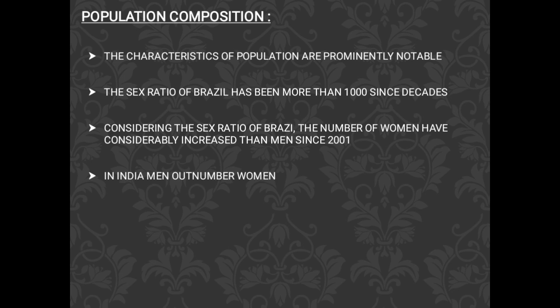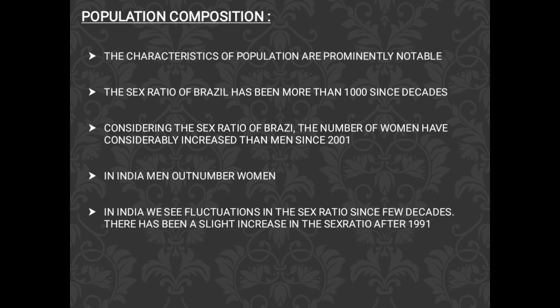That means men are more than women. In India, we see fluctuations in the sex ratio since few decades. There has been a slight increase in the sex ratio after 1991. Now we will study about the age and sex pyramid.